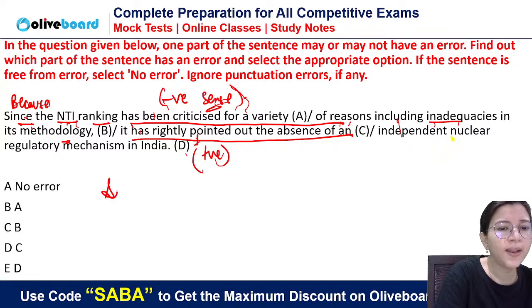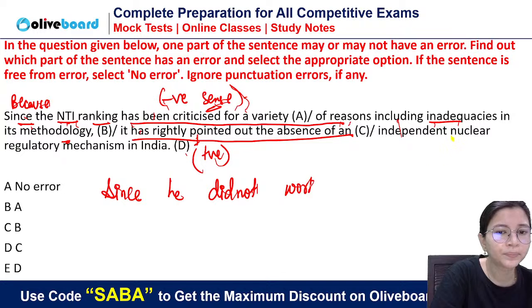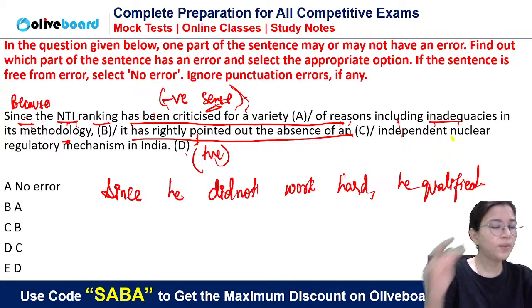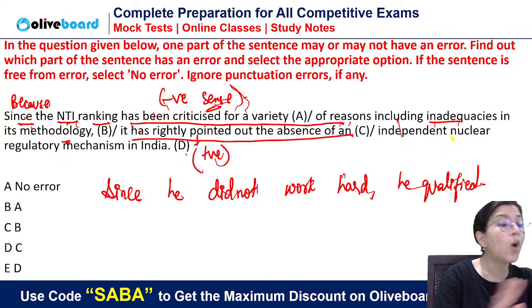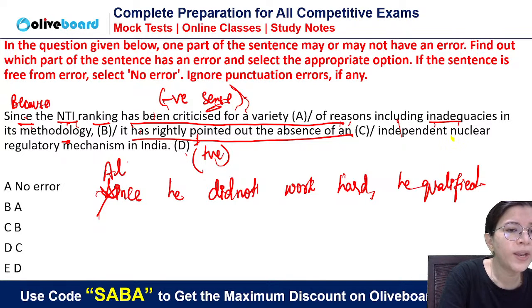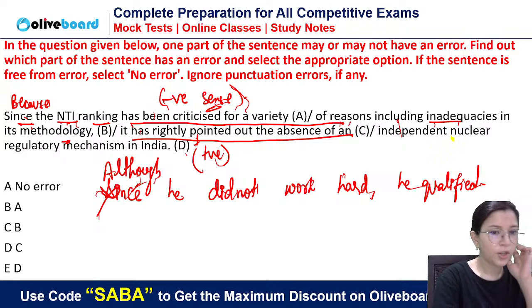Can you say since he did not work hard, he qualified? You can't say. Since he didn't work hard, he qualified will not make sense. So although will make sense. Although he didn't work hard, he qualified, because we need a contrasting conjunction. Very good.